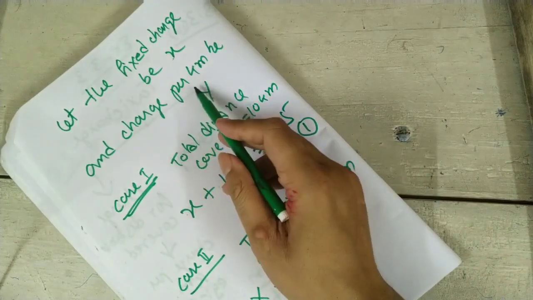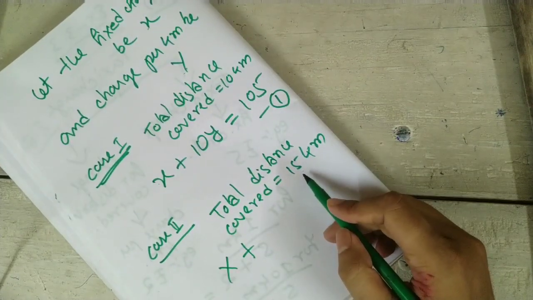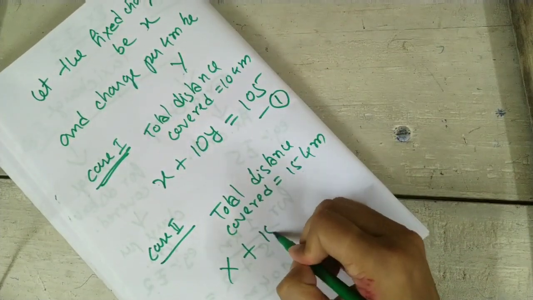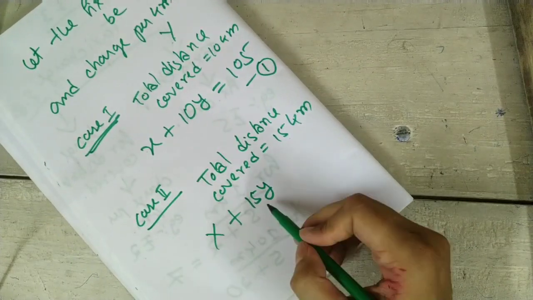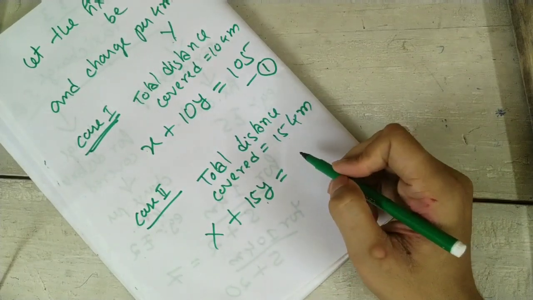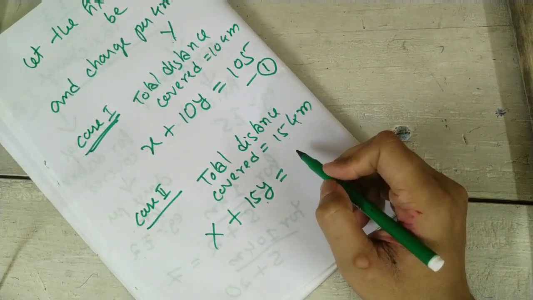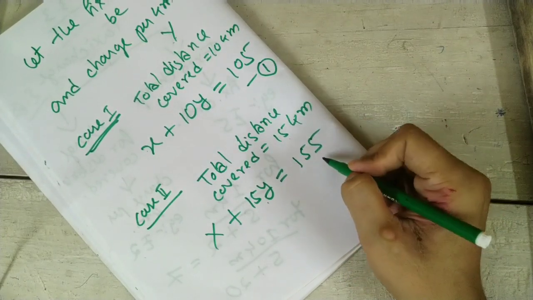For 1 kilometer if he has to pay y rupees, then for 15 kilometers he has to pay 15 into y. Now if we add the fixed charge and the charge for the distance covered, we are going to get the total charge. Here the total charge is already given in the question and that is a sum of rupees 155.